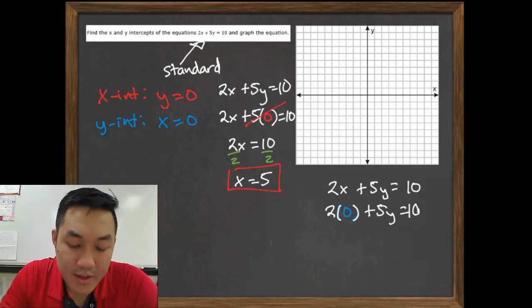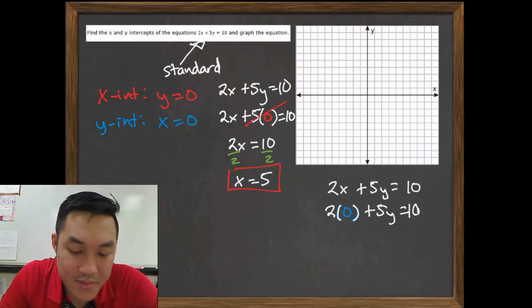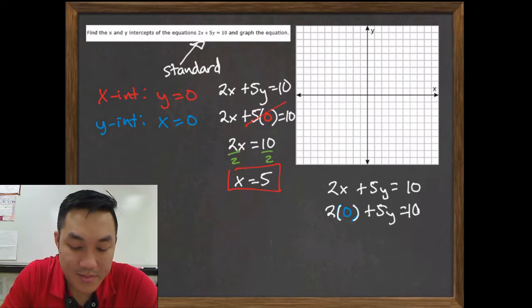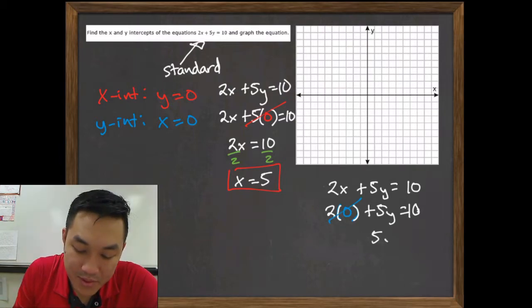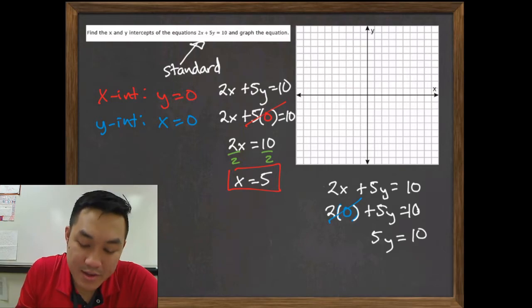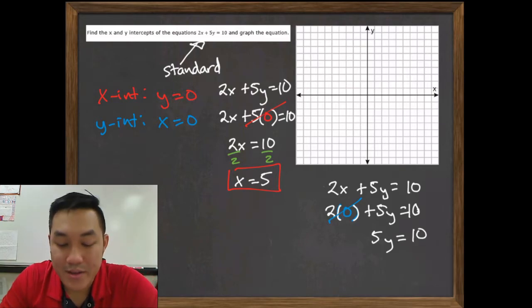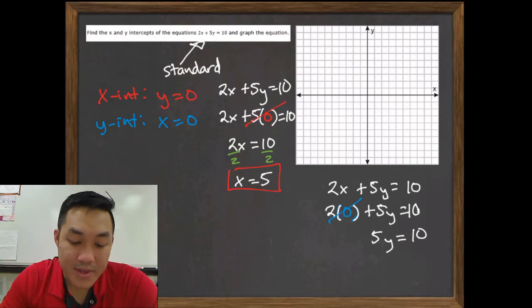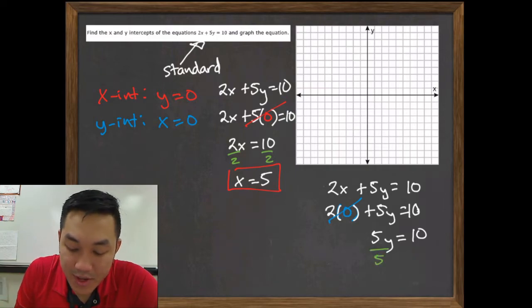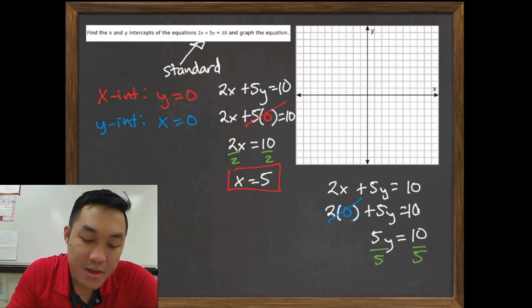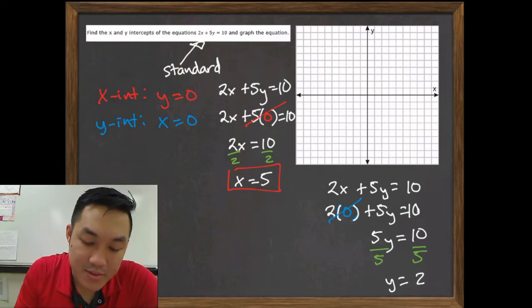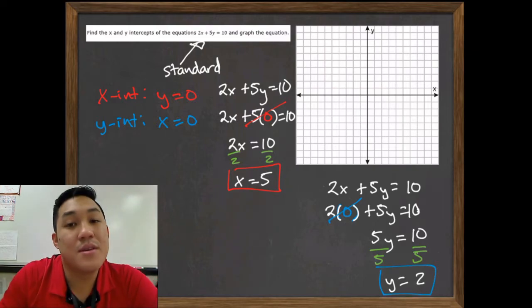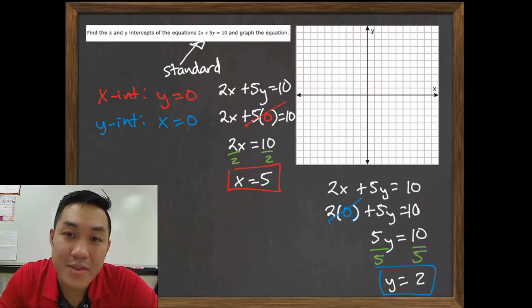Now 2 times 0, again, you can just ignore it. It's always going to be 0, right? So all you're really left with is a really simple problem, 5y equals 10. The easy way to solve that, to get the y alone, is to divide by 5 on both sides. You're left with y equals 10 divided by 5, which is 2. That's your y-intercept.